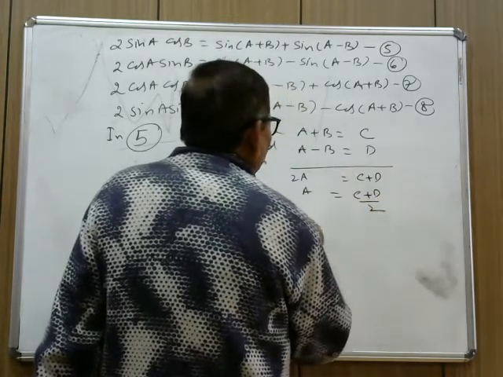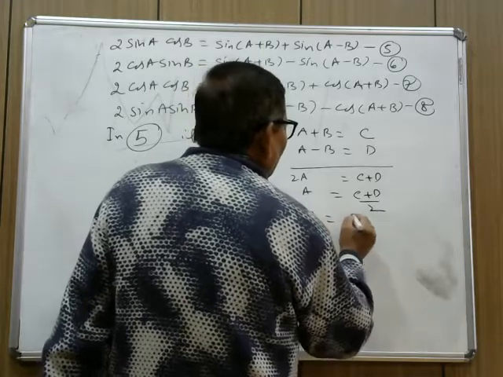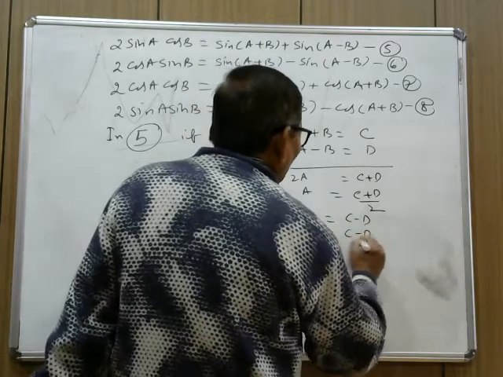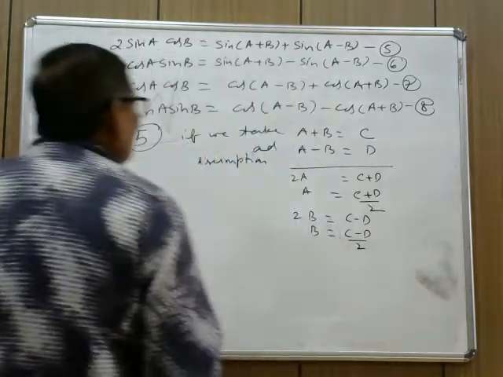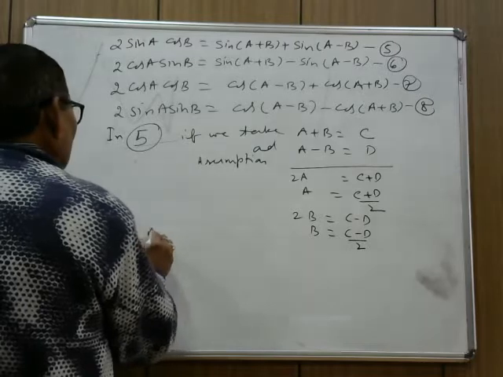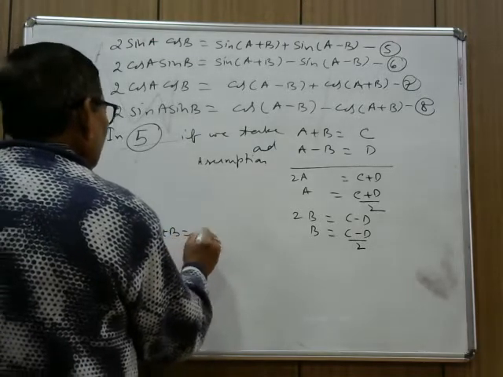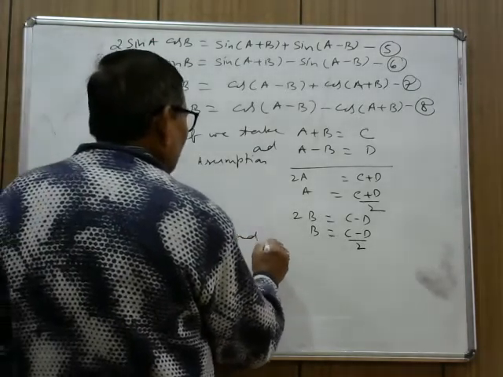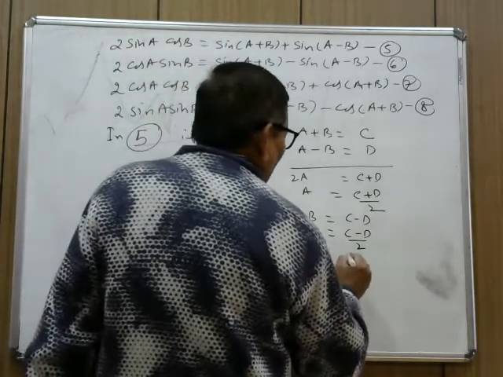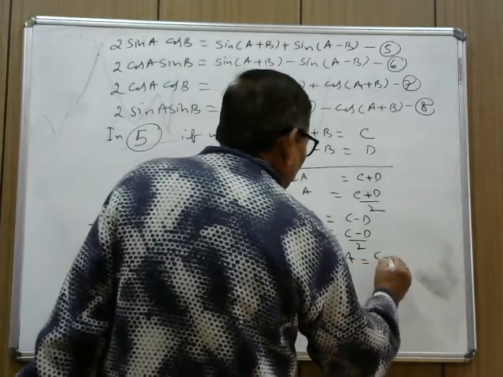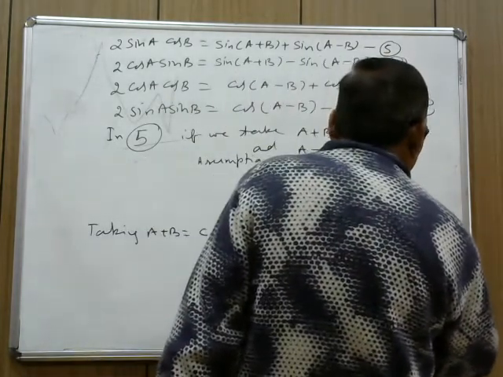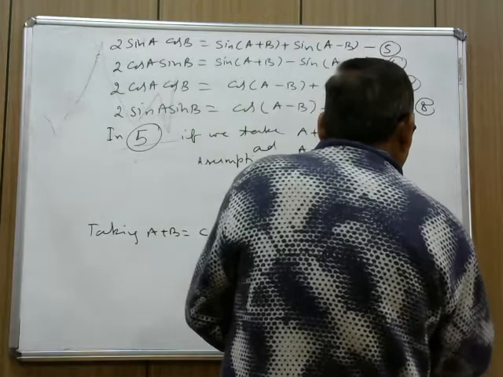When you subtract them, 2B is equal to C minus D, B is C minus D by 2. Now, taking A plus B equal to C and A minus B equal to D, A equal to C plus D by 2, B equal to C minus D by 2.